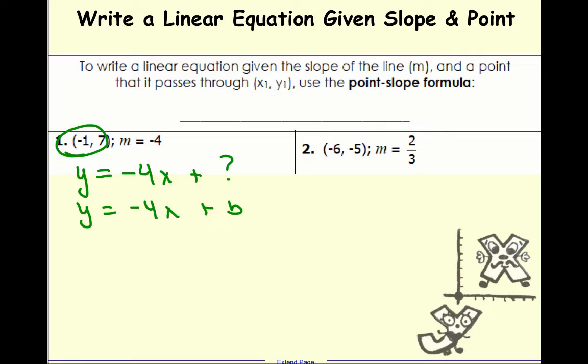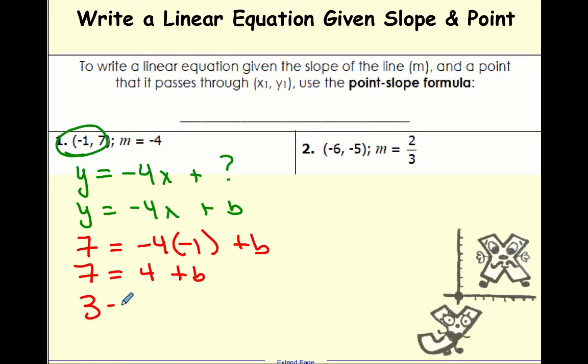So I'm going to replace my y with the 7, leave my -4, replace my x with a -1, and solve for b, which is the y-intercept. So I get 7 equals 4 plus b. By subtracting 4 from both sides, I get b is 3. So my equation is y equals -4x plus 3, the same as what we got before. I'm going to use that method again for number 2, and let's see what we get.